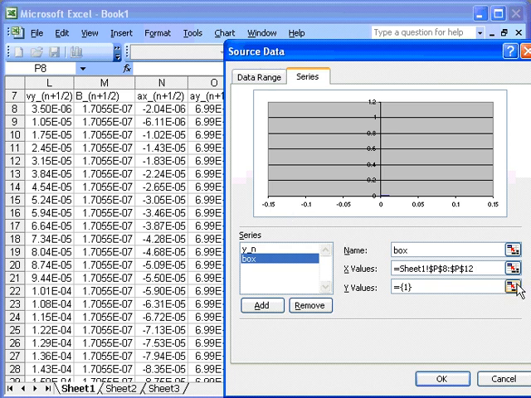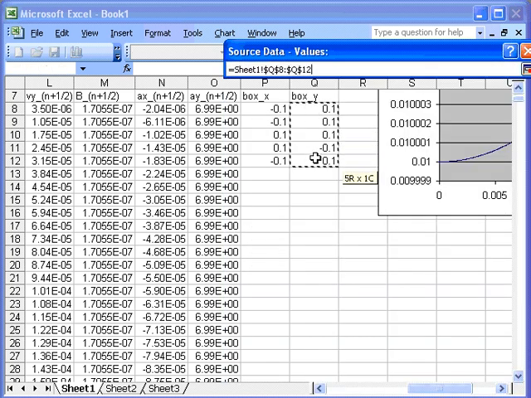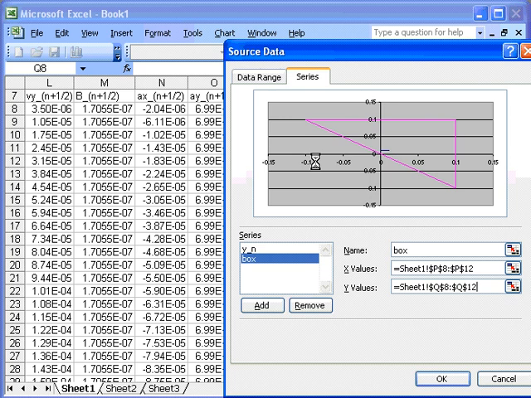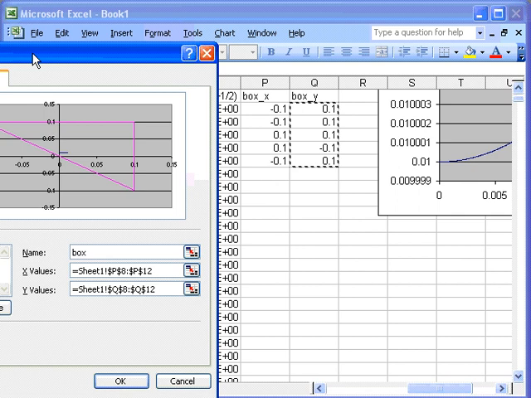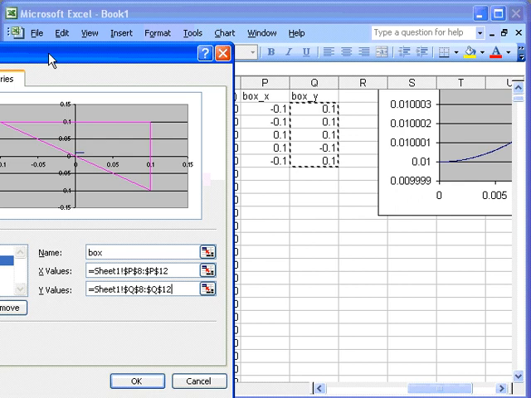And y values, I'll select them, hit Enter, and something went wrong. So I seem to have missed the initial x values. There's supposed to be -1 there. Let's cancel that.